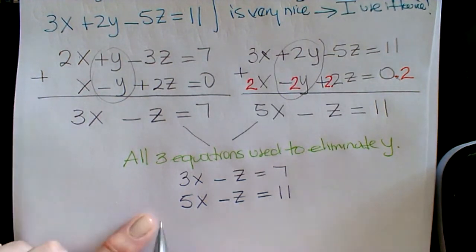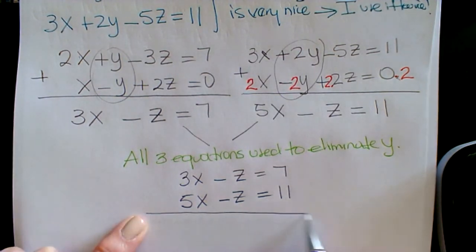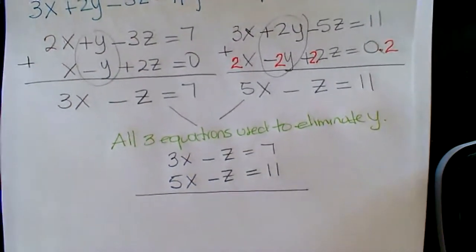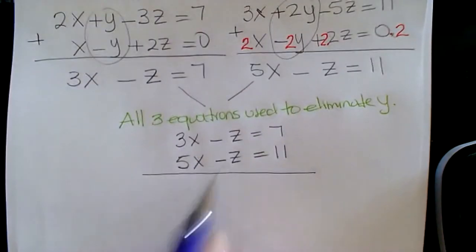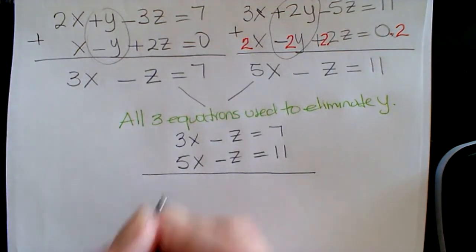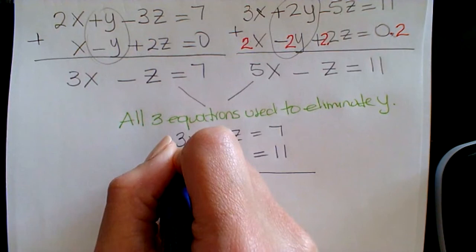What do I need to do here in order to eliminate? What is going to be easier for me is to eliminate the z, right? So what I need to do is multiply it by negative 1. That's all I need to do.